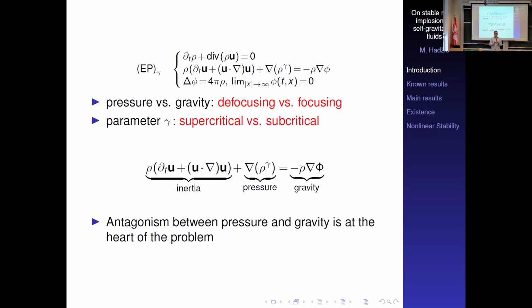So a lot of the interesting stuff that happens here has to do precisely with this interaction. And then you can think of scaling of this parameter gamma. It allows us to distinguish supercritical and subcritical regimes in very much the same way as Eli pointed out in the previous talk. So a lot of what I'm going to talk about is going to reflect this kind of paradigm here.